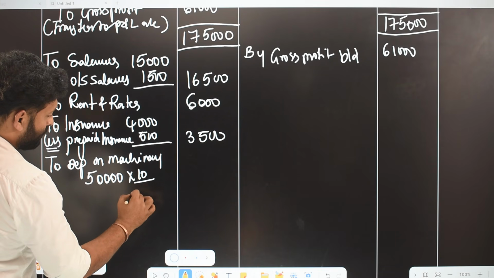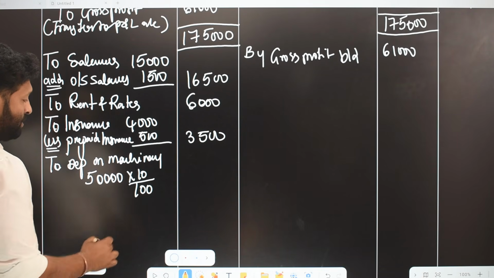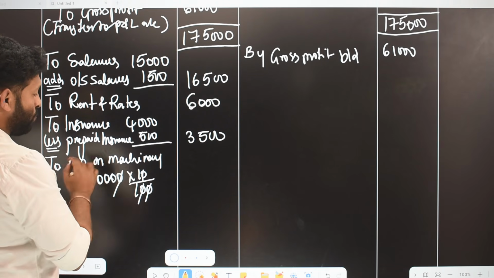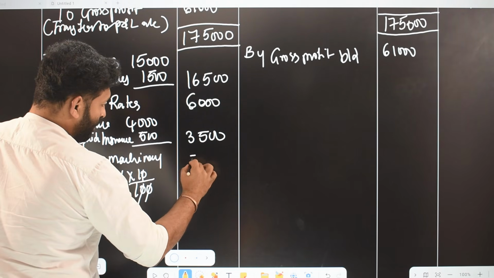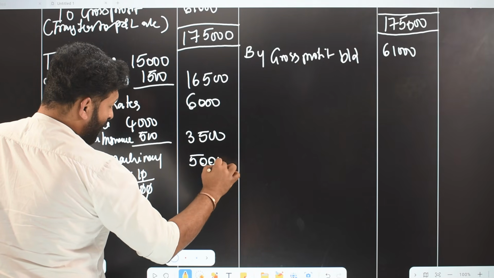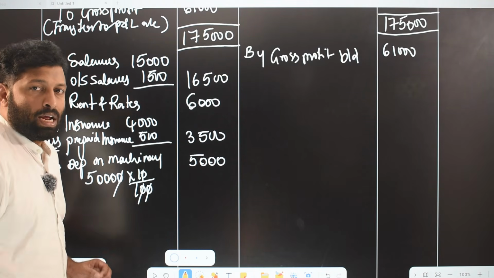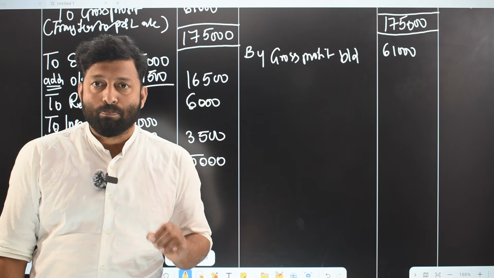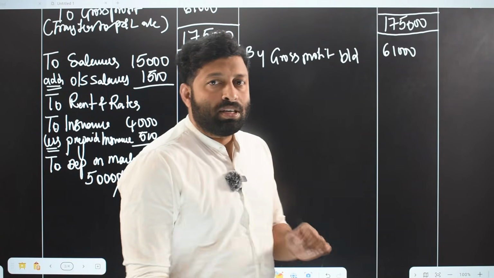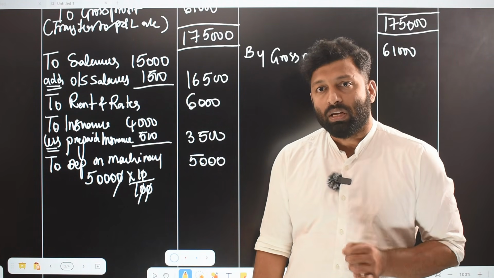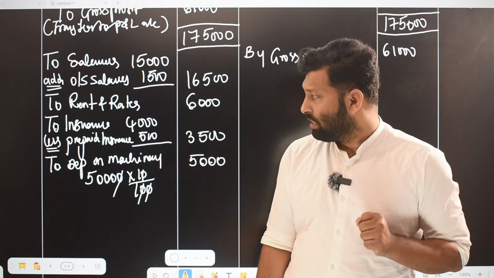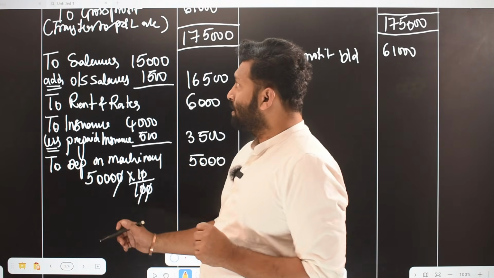Rate of depreciation is 10%. 0, 0 cancel. 1 into 5, 5,000. Look, here I wrote 5,000 as loss. I didn't post 45,000 ma. I posted 5,000 loss because 5,000 is the depreciated value ma. Clear. Done.